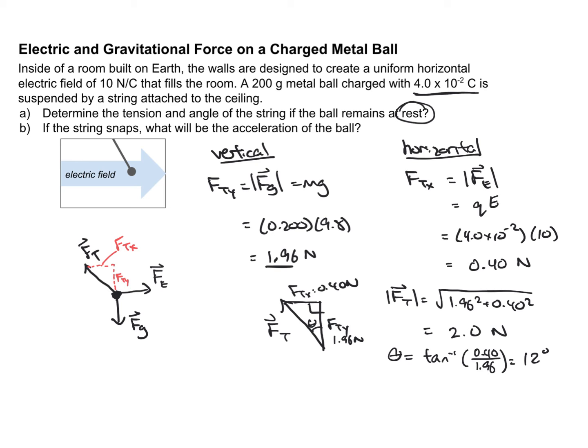Okay, so therefore the tension is 2 newtons, and it's a 12-degree angle to the vertical. That's how I labeled theta. Or a 78-degree angle to the horizontal.